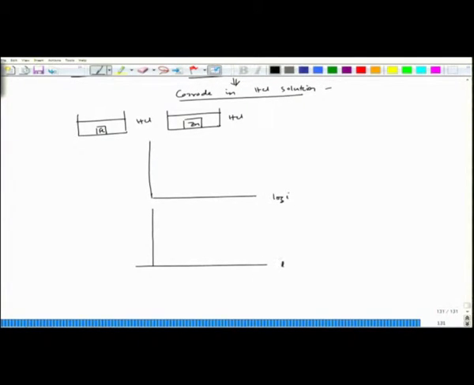So, log I, this is also log I, this is E in volt. Let us say this is E0 of hydrogen equal to 0, and let us say this is E0 of Zn/Zn2+, which is equal to minus 0.76 volt.